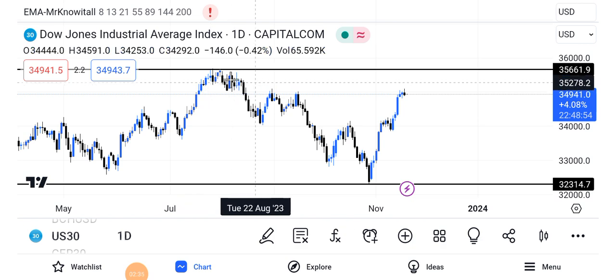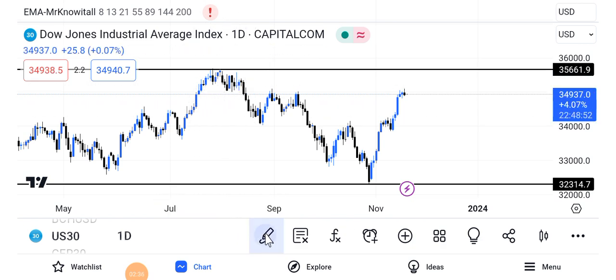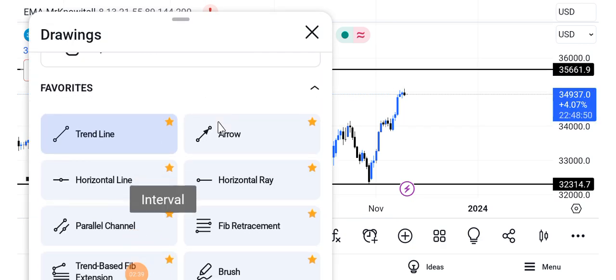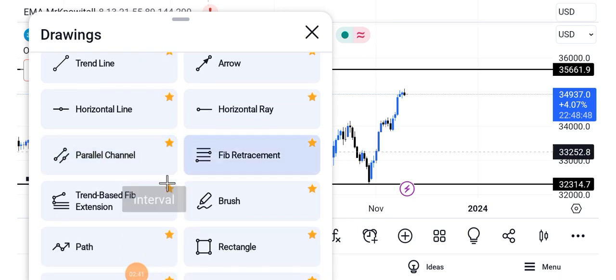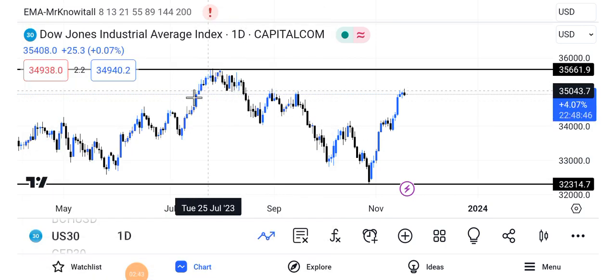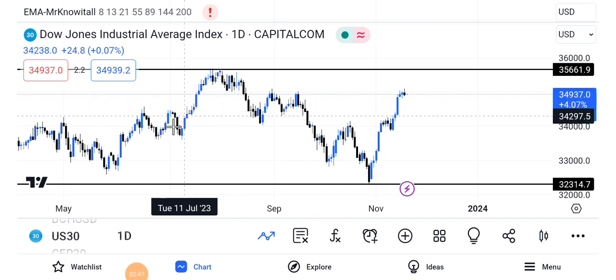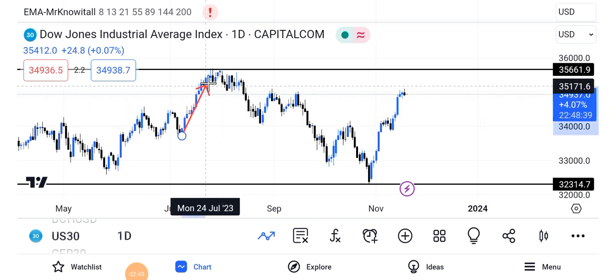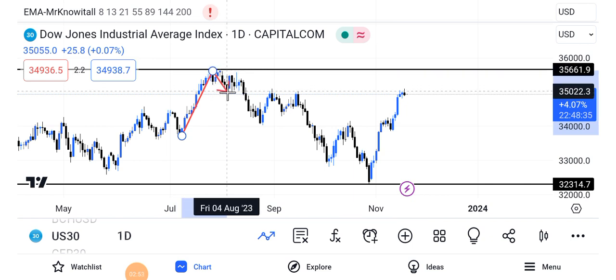And at this high, guys, we're having this nice double top formation right here. I mean, sometimes it's not that clear, but you can really see what is happening right here. This is the left shoulder. This is the right shoulder.